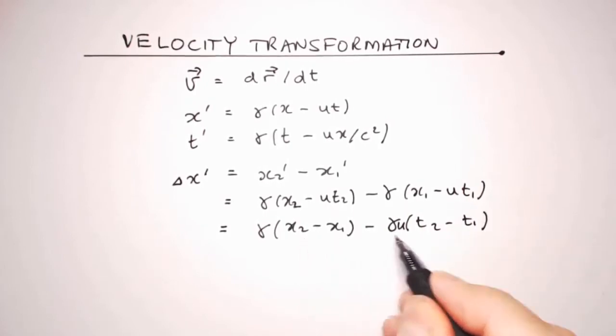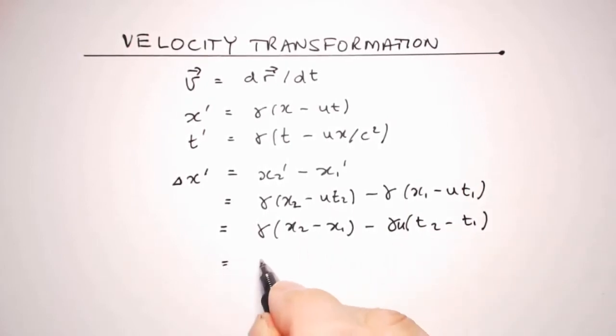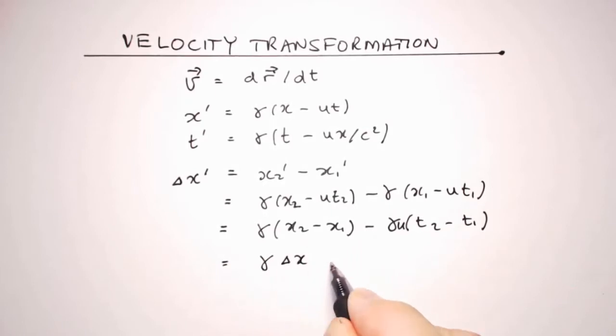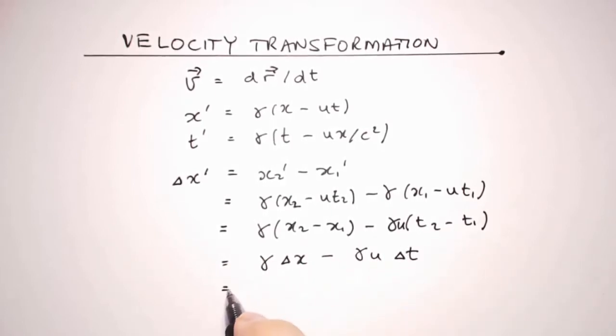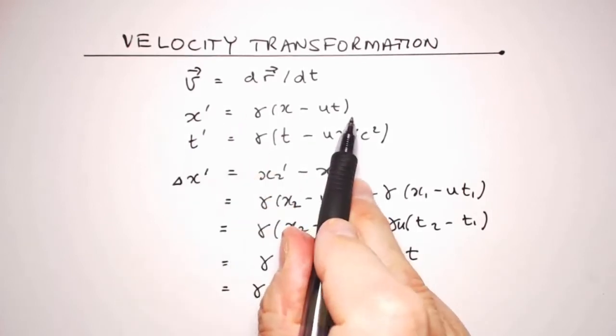So this is delta x and that's delta t. So we have gamma delta x minus gamma u delta t, and finally gamma (delta x minus u delta t), which has a similar form to the Lorentz transformation.